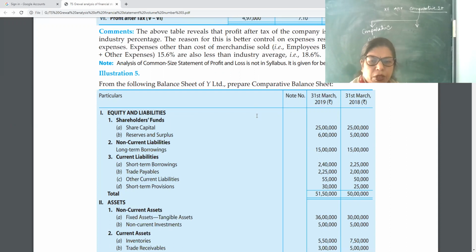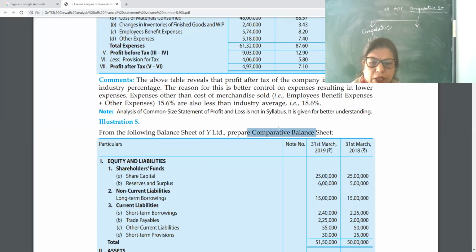Okay, now we are going to convert it into a comparative balance sheet. Please note down the question. From the following balance sheet of Y Limited, prepare a comparative balance sheet. Data of 2019 and 2018 is given: equity and liability, shareholders' funds, share capital, reserves and surplus, NCL, non-current liabilities, CL, current liabilities, everything is given in the question.